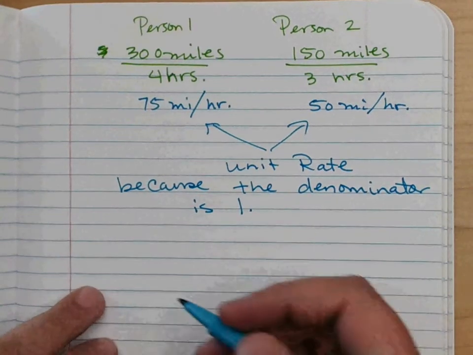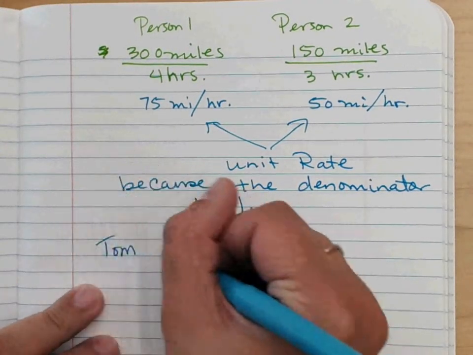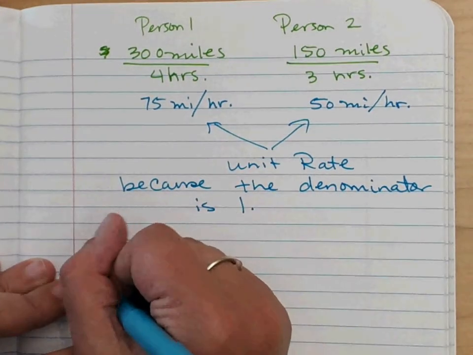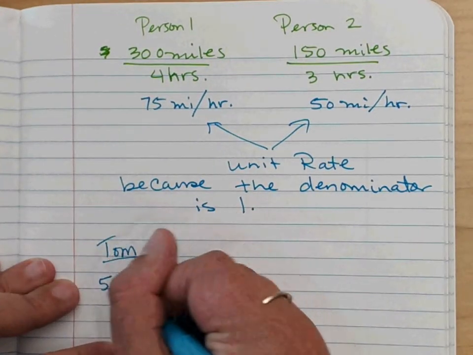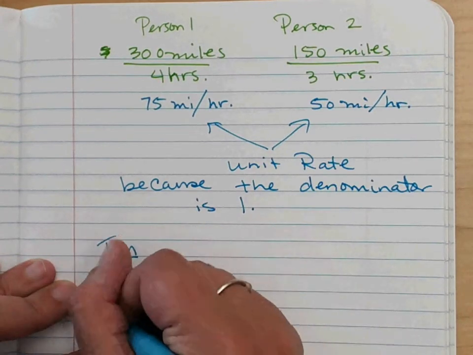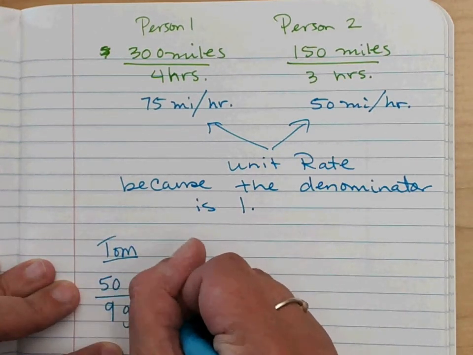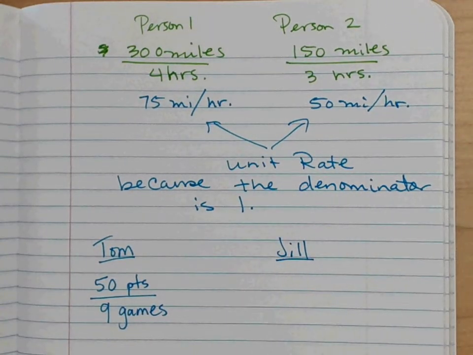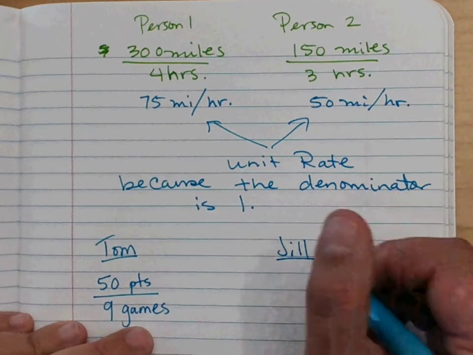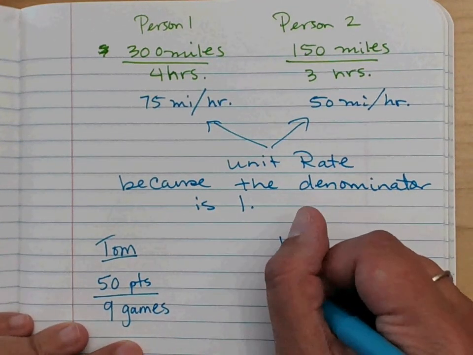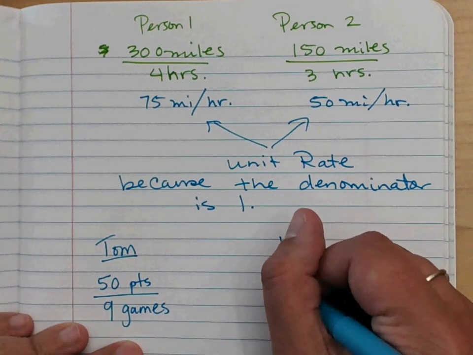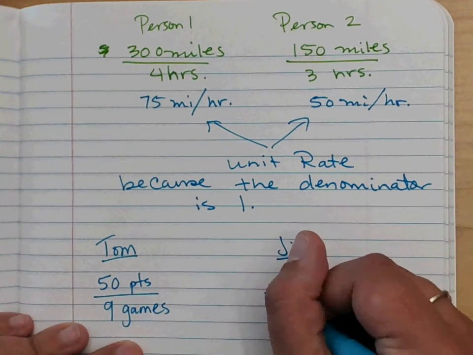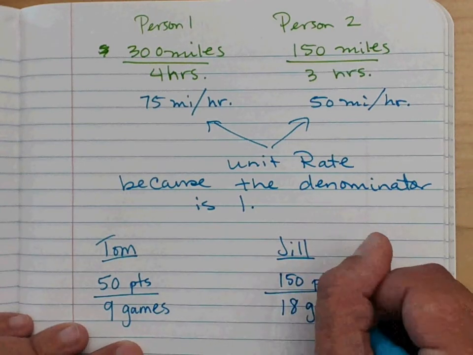Let's say that Tom got 50 points in 9 games, and Jill got 150 points in 18 games.